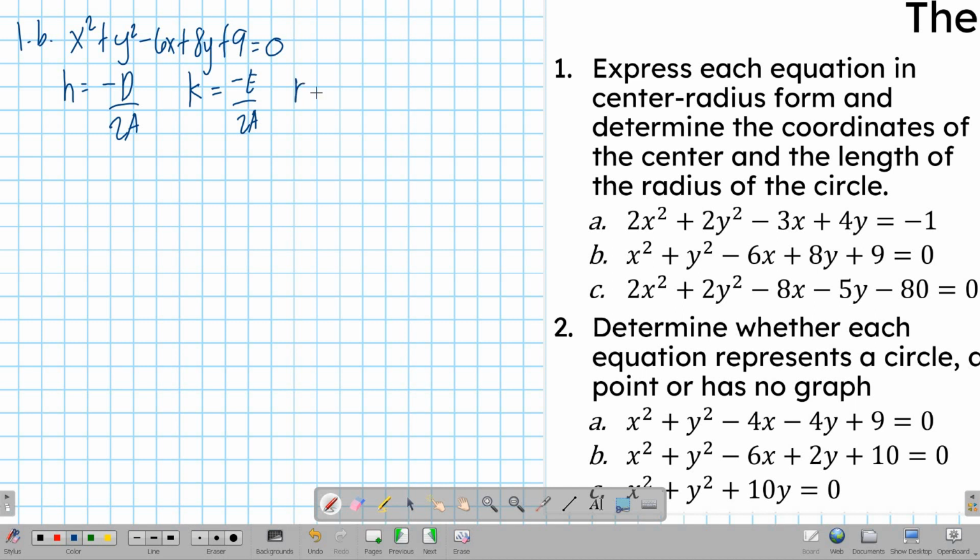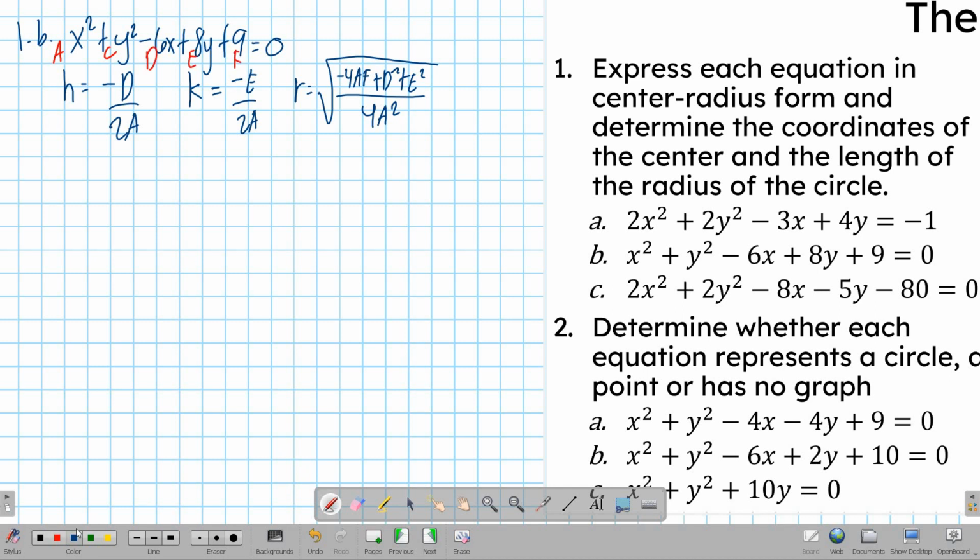And the formula for the radius r is equal to the square root of negative 4af plus d squared plus e squared all over 4a squared. So, the second method is to use the formula na dinerive na natin kanina. Just take note that the assignment of this is A, C, D, E, and F.